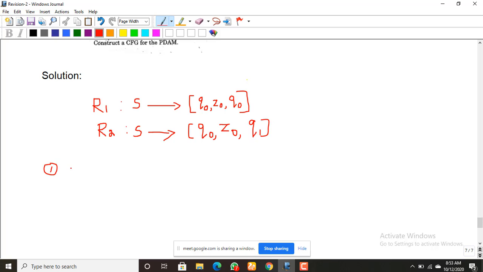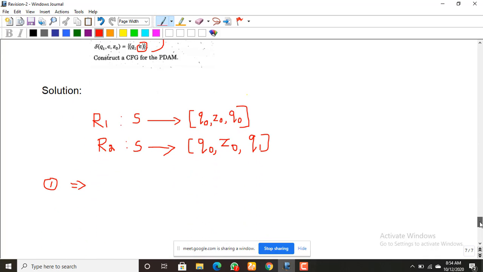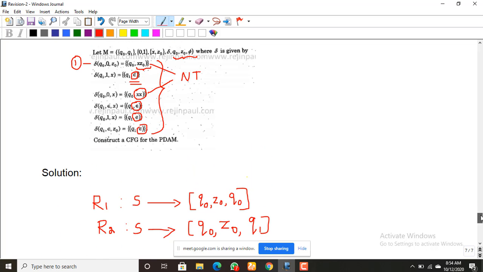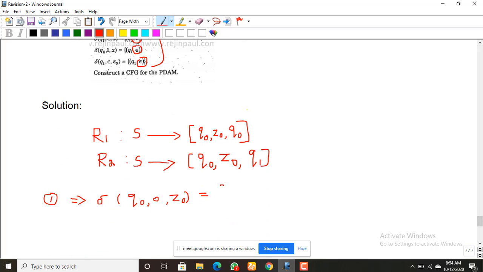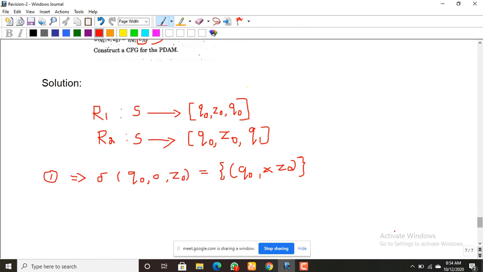That is delta of Q naught, 0, Z naught, which equals Q naught, X Z naught. Two non-terminals are here, X as well as Z naught.